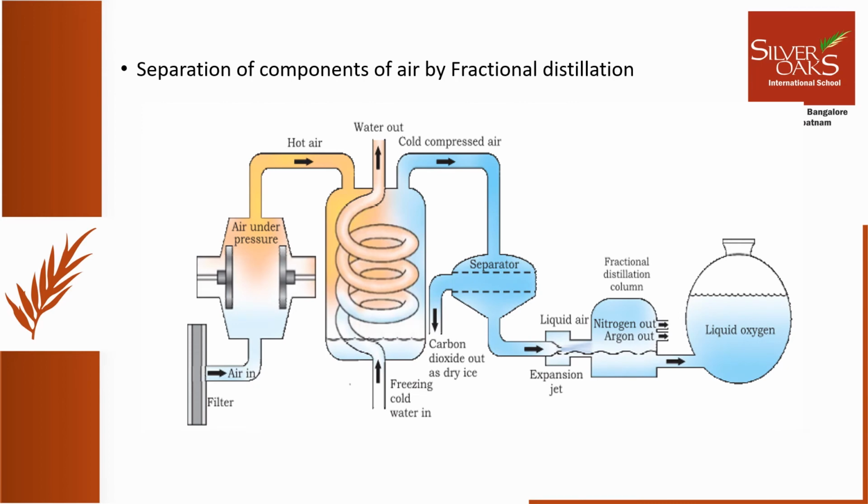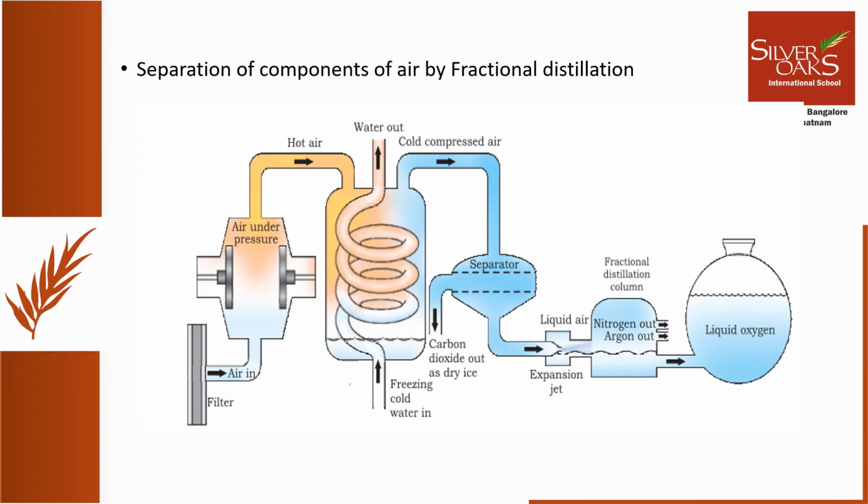This is the diagrammatic representation of the separation of components of air by fractional distillation. The filtered air will be transferred to a compression chamber where the pressure is 200 atmospheres. Then the hot compressed gas will be cooled in a freezing chamber where freezing cold water will be circulated.